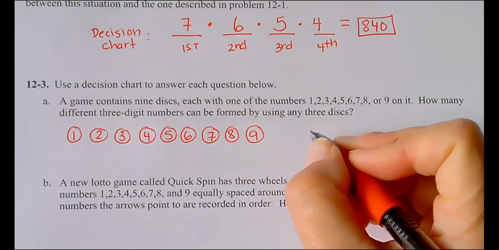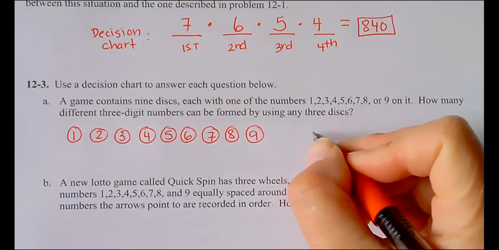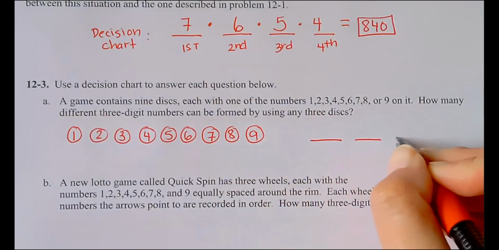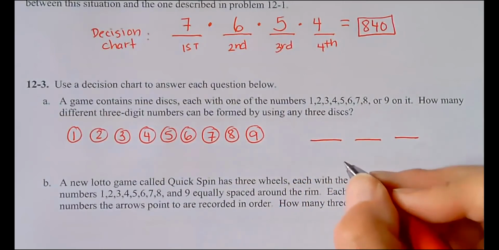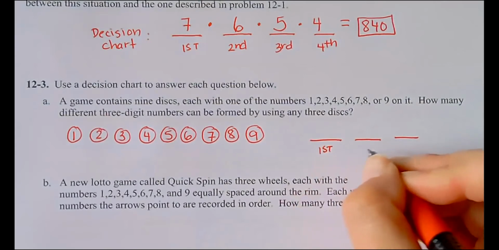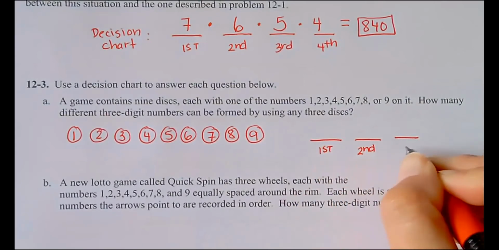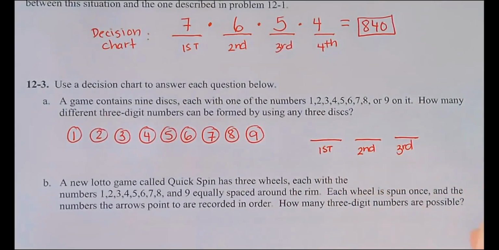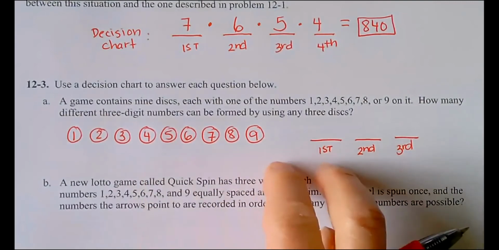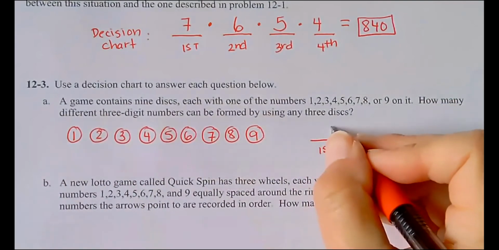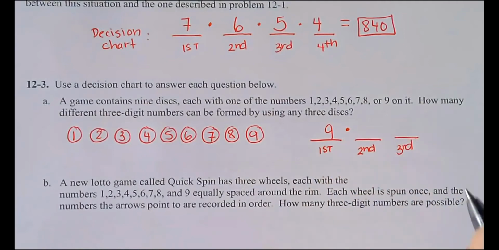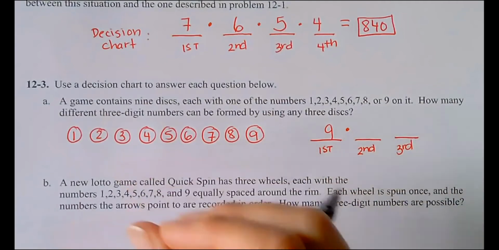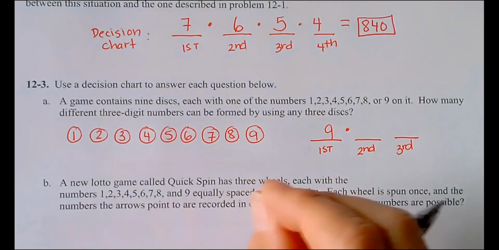So for this, I am going to have 3 slots for my decision chart. The first disc, the second disc, the third disc. Now, for the first one, I have 9 choices, 1 through 9. But now for the second one, I've already picked one of those discs, so I don't have all 9 anymore.